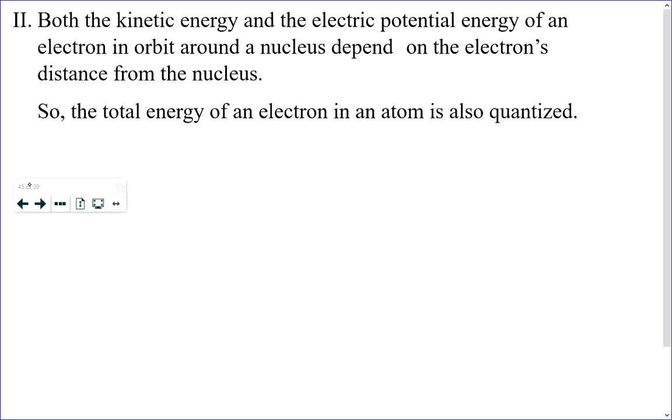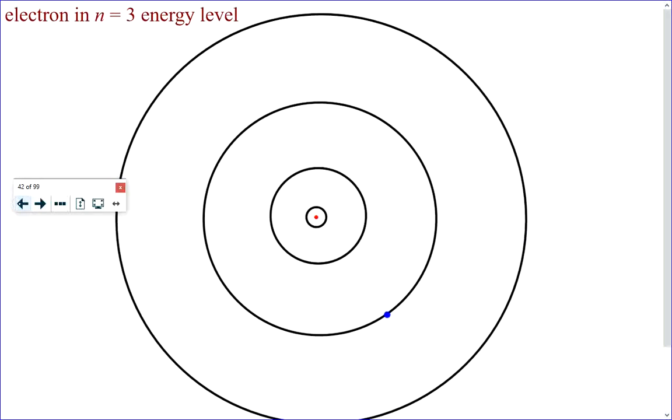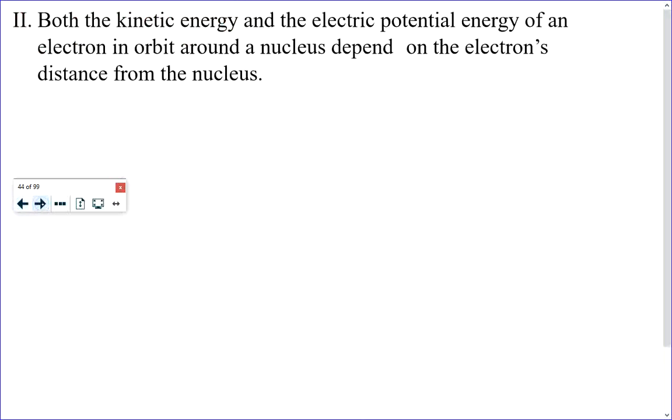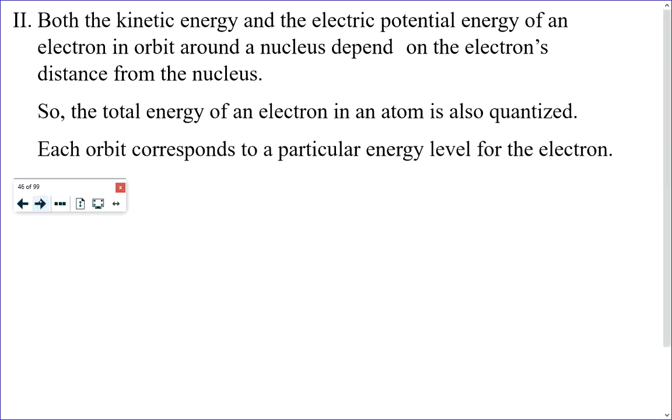So if the electrical potential energy and the kinetic energy are both related to the distance, but the distance is quantized, the distance can only be these numbers, then that means the energy that the electron has is quantized. So not only does the electron go from being a certain distance away to magically being a different distance away, it goes from having a certain amount of energy to having a different amount of energy.